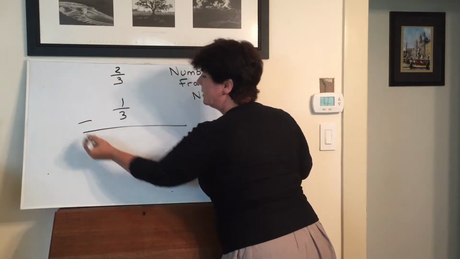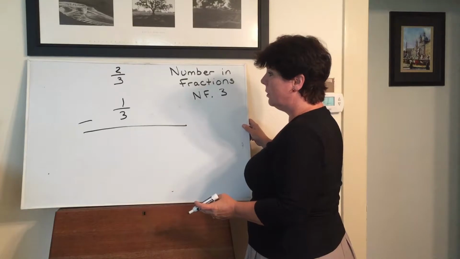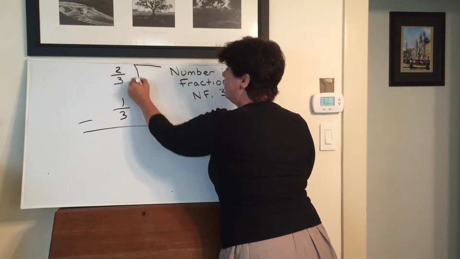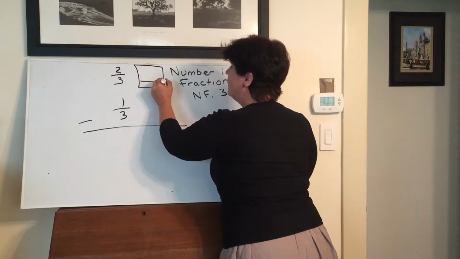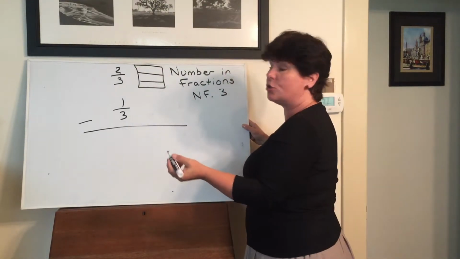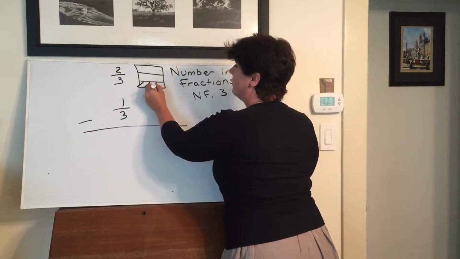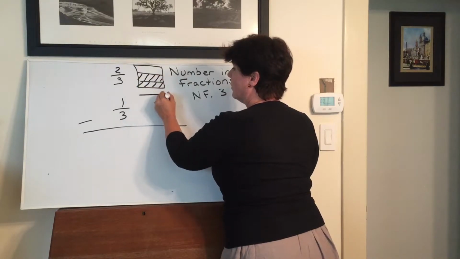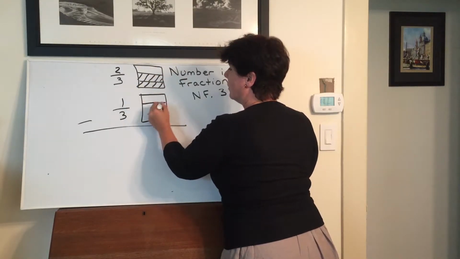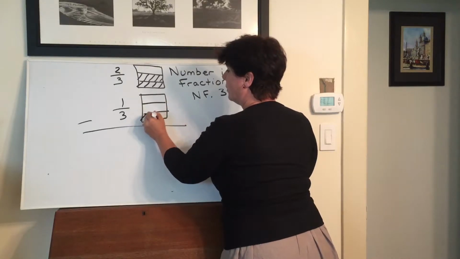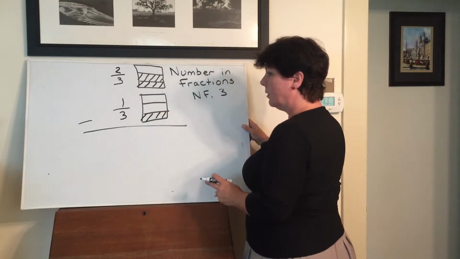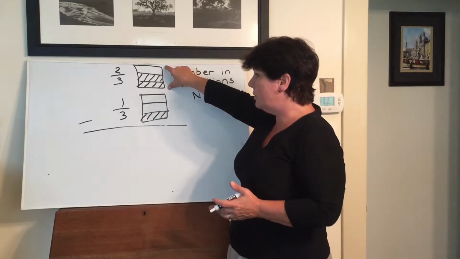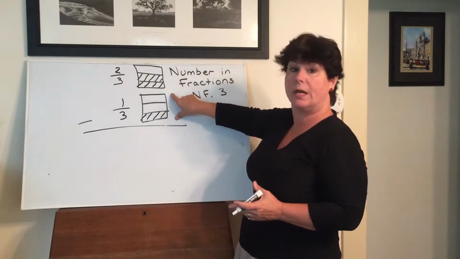So if I were subtracting two fractions, I would put it vertically. I would draw a picture of both. And if the denominator were the same, then I would draw the fractions the same. So this says I have 2/3 and I'm going to subtract this amount.